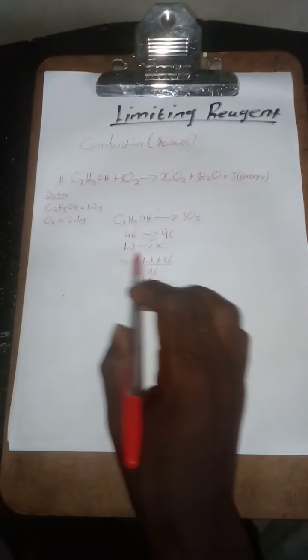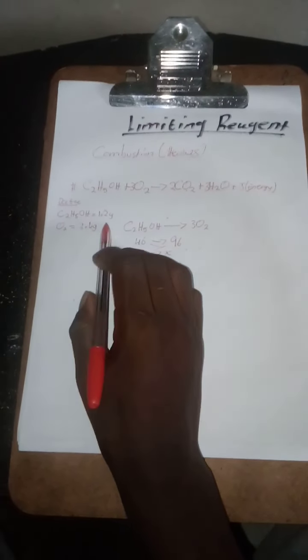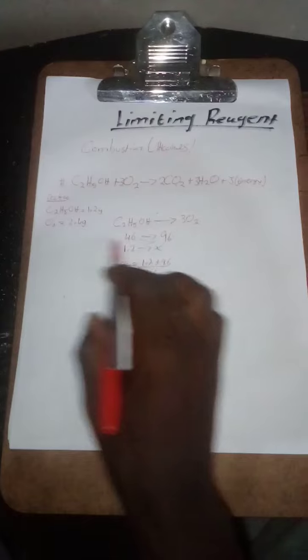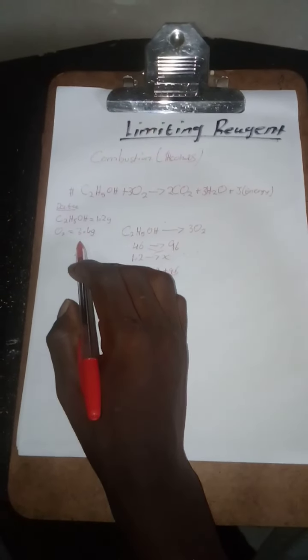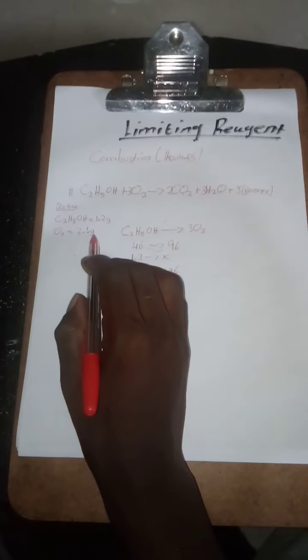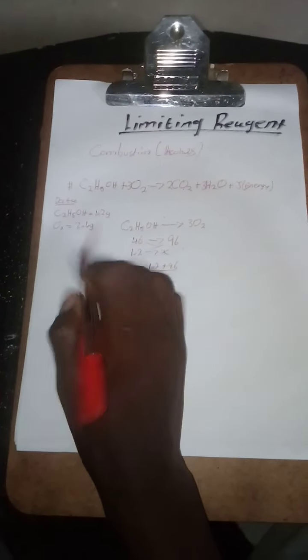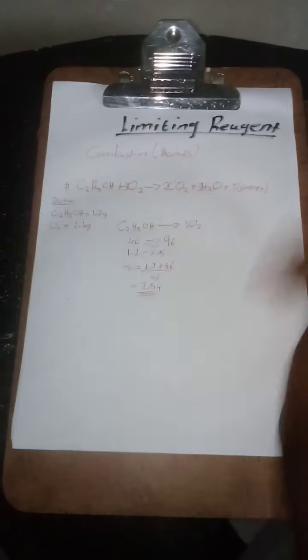In this case I have deliberately given ethanol 1.2 grams and oxygen 3.4 grams. After equating here, I'll pretend I don't know the mass of oxygen. I'll say, what mass of oxygen can react with 1.2 grams of ethanol? So I pretend we don't know the mass of oxygen that we have been given.